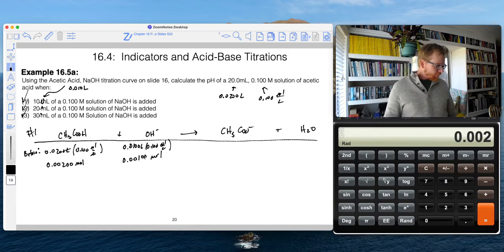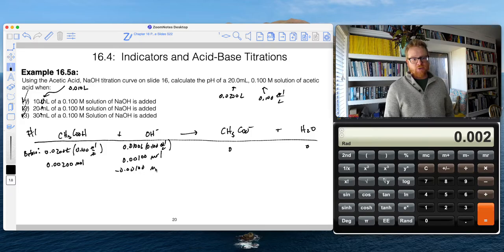Then we'll say these are all 0 initially. Now I know that after these react, the limiting reagent is going to get reacted completely. So all of this is consumed, which means this same amount has to react.